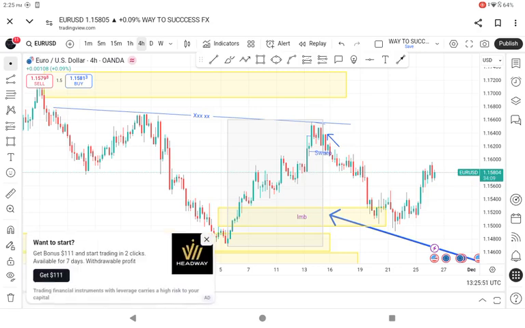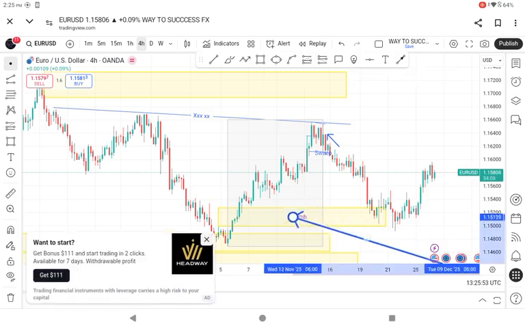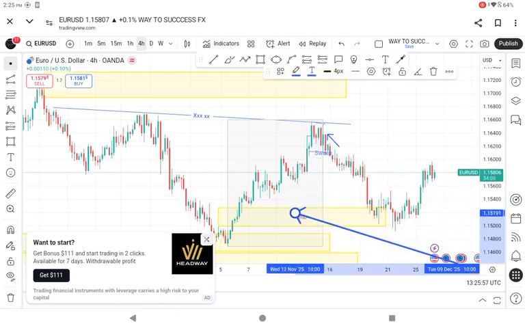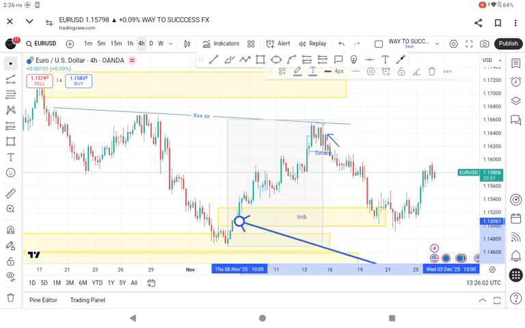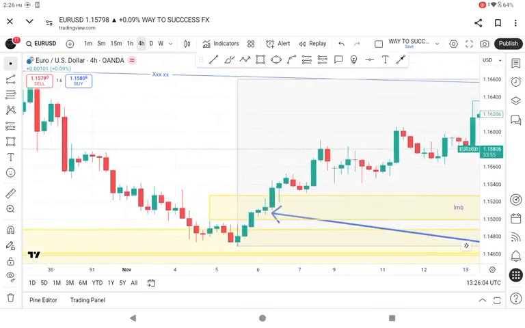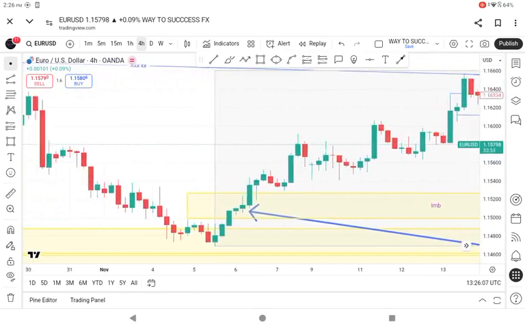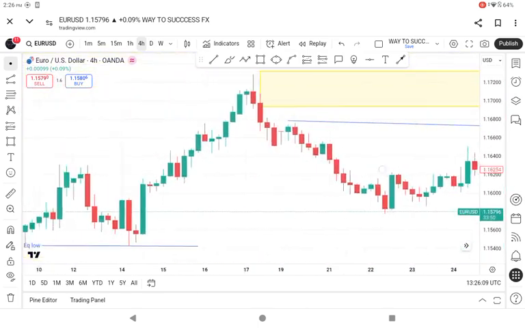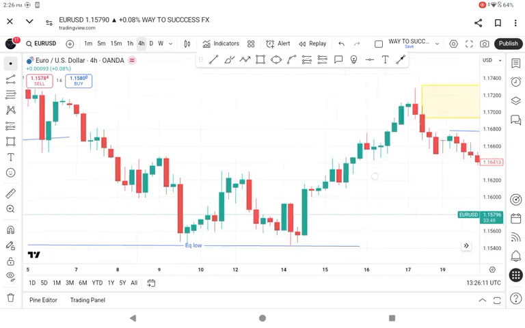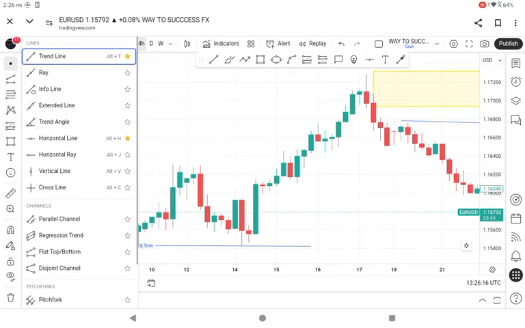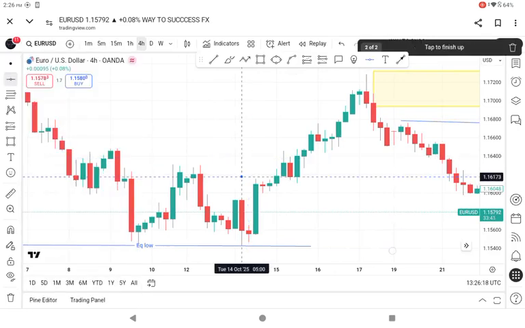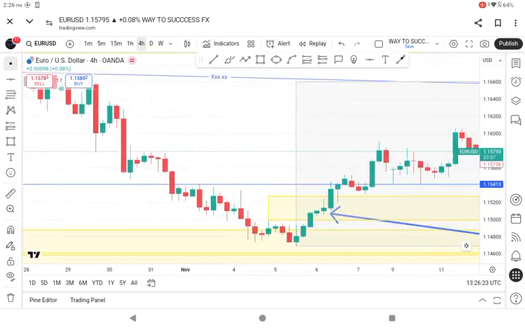Okay, so if we should focus on this recent price range, what do we have? Price has already tapped into and taken the entire liquidity down below, and even here in H4 before now, we have this equal low, and price has taken the equal low at this level.